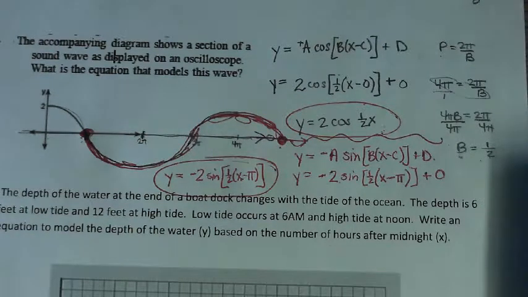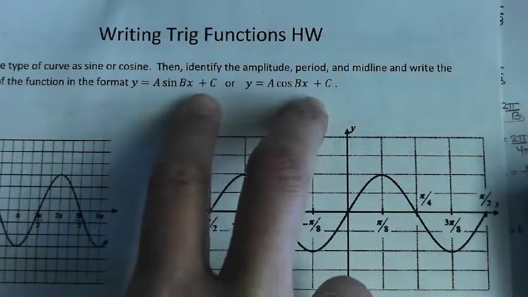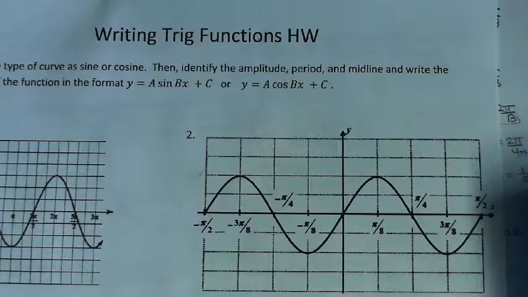Couple things I need you to change when I hand you your homework. The first is in the directions. We need to change those to the format that we're using, which is slightly different than that. It's on the front of your notes, so you can just cross those out and do the one that's got the b with the parentheses and the x minus c.